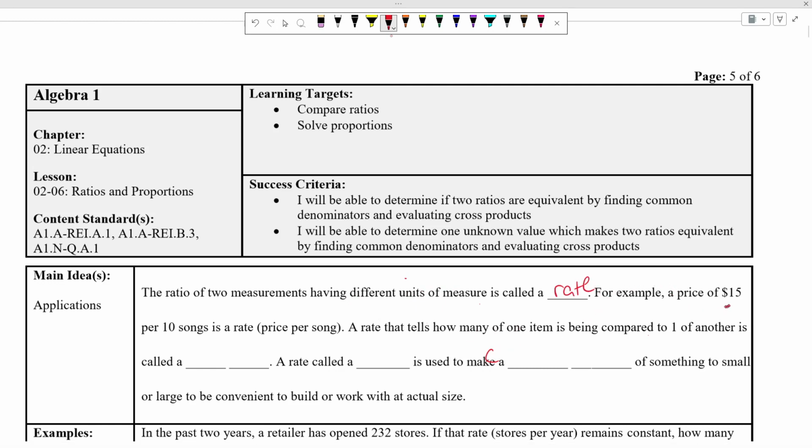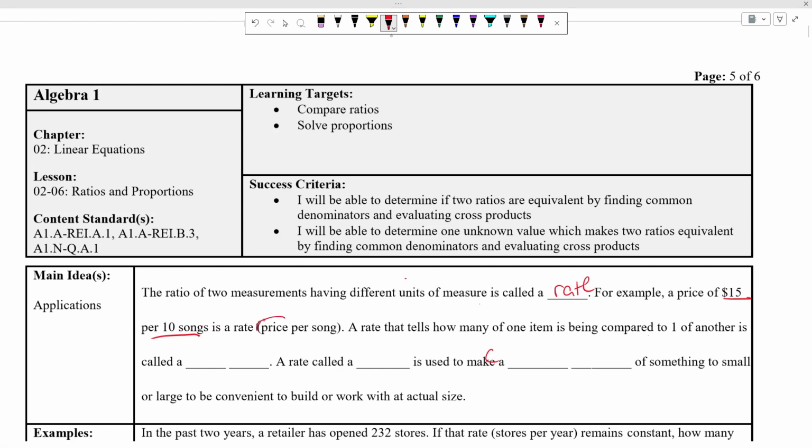For example, a price of $15 per song. So for example, albums typically may have about 10 songs, and they may typically cost about $15. So that's how they're related. There you have a price to pay, and you can equate that to a price that you pay per song.